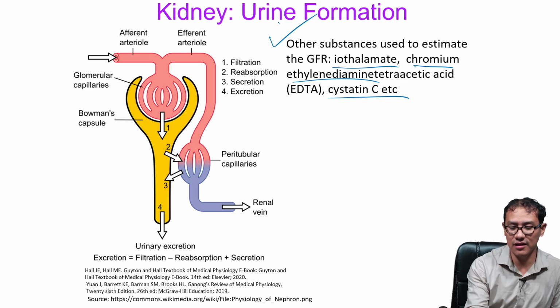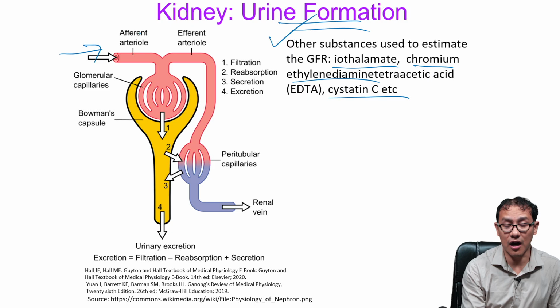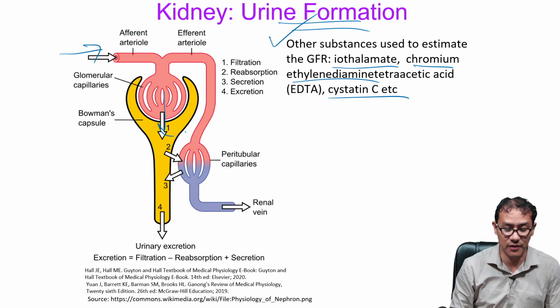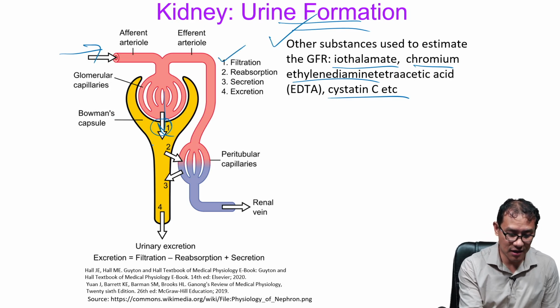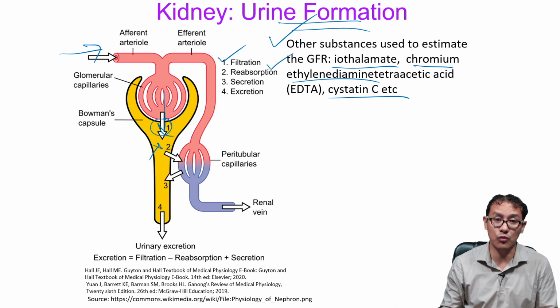So this is basically the process of formation of urine. From the afferent arterioles, blood flows into the glomeruli where filtration happens, and this filtration goes into the Bowman space. This is the process of filtration. Then some amount is absorbed by the peritubular capillary, which is the process of tubular reabsorption.